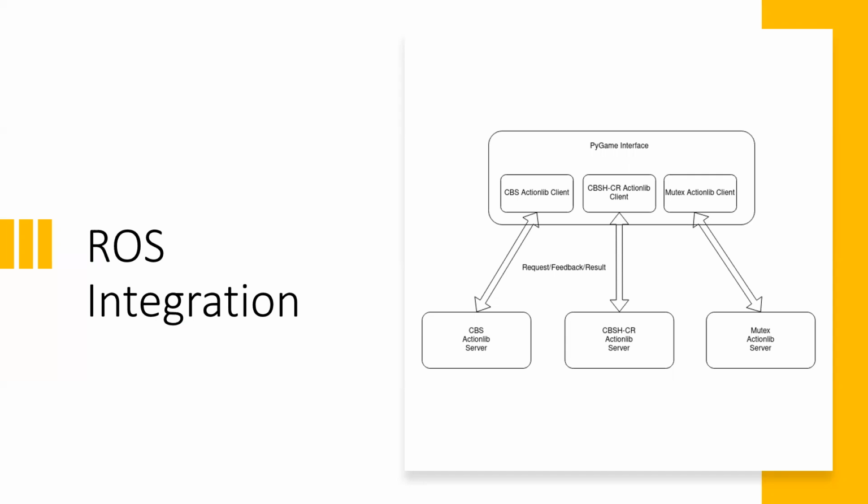And once the MAPF server receives a request, it will start planning for a path and send the result back to Pygame for animating once the planning finishes. While the server is planning, it also sends back feedback information such as the number of nodes being constructed.